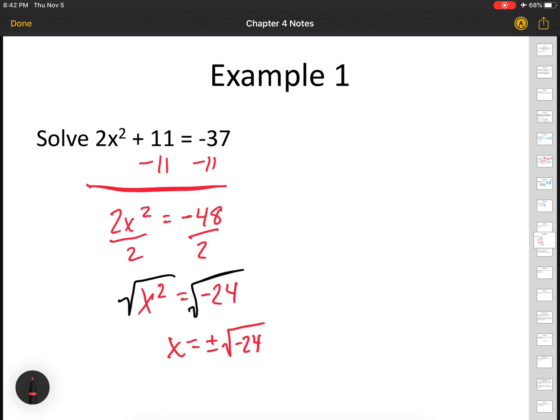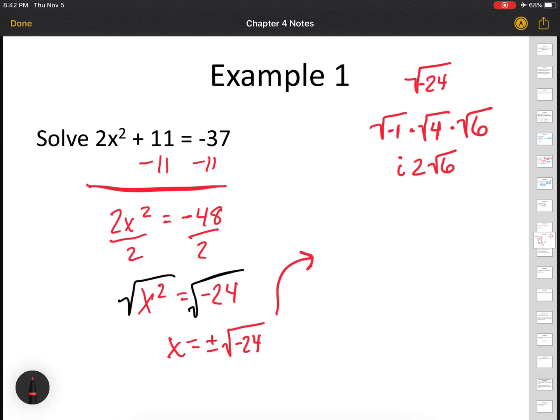Okay, but if I pull the -24 out for a second and try to simplify it, I know that is the same as -1, and if I pull a perfect square out, times 4 times 6. Okay, but the square root of -1 is just i. The square root of 4 is 2, and the square root of 6 cannot reduce down. So in the end, if I simplify that, it's equal to positive or negative i times 2 square root of 6.